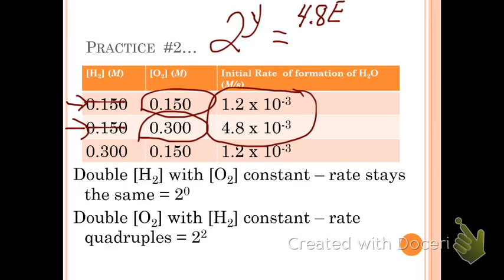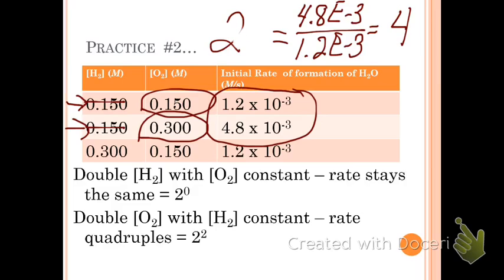So I'm going to take 4.8 e to the negative 3 and divide that by 1.2 e to the negative 3. Do the math, and I should come up with a number equal to 4. And 2 to the second power is equal to 4.